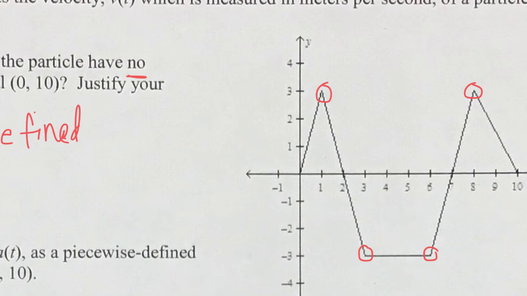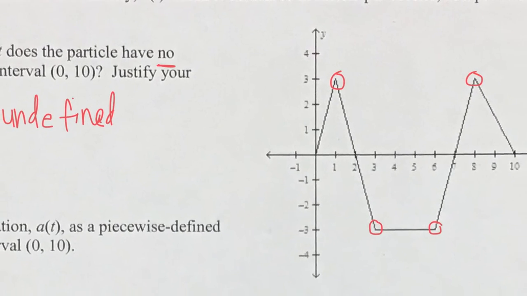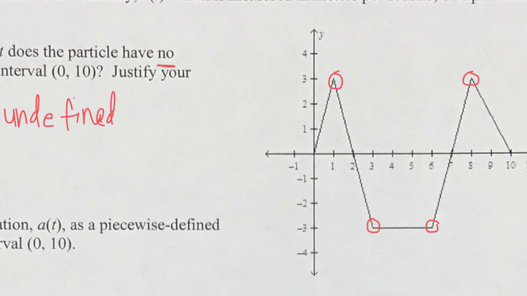So the slope is undefined at those spots, right? The function is not differentiable where there is a cusp. And if it's not differentiable, then there is no acceleration, right? It's undefined.